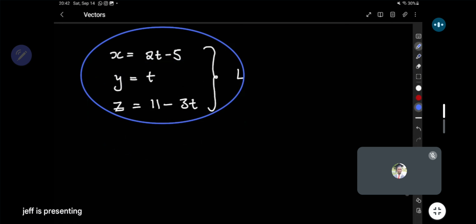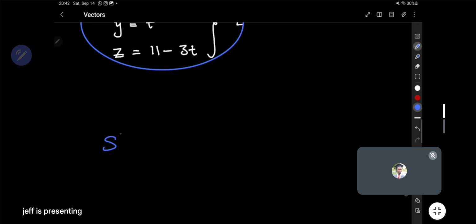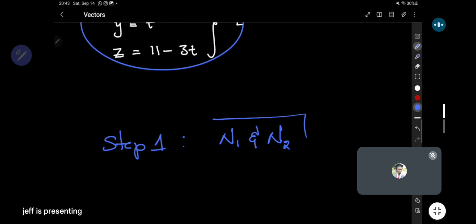See the trick here. Step one, compare the values of the normal. If the expressions for the normal are different, then the planes are not parallel. The planes are unique, they are distinct.